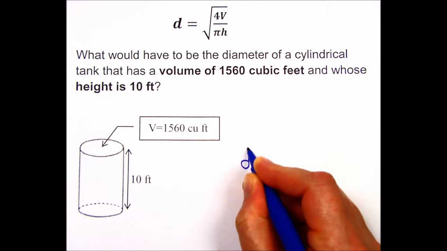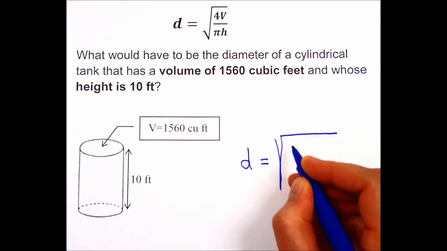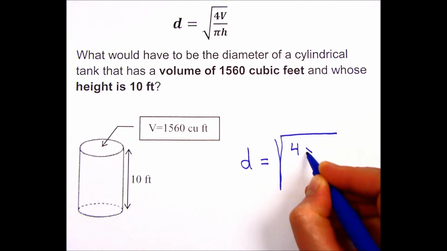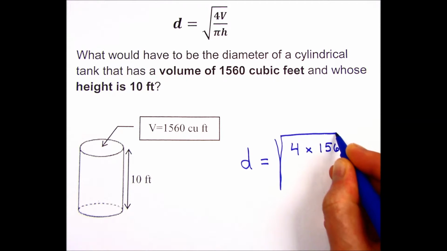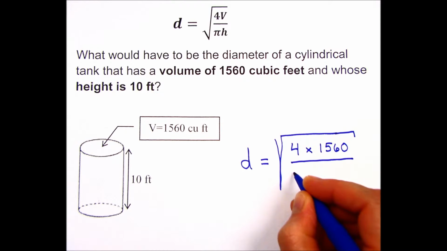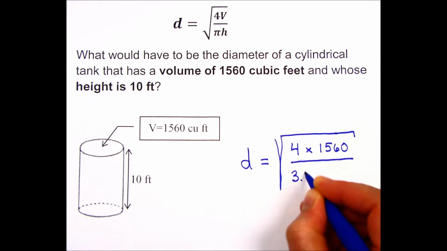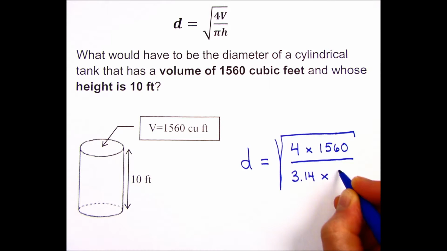I have D equals the square root of 4 times the volume of 1,560 divided by pi. I will use the approximation 3.14 times the height of 10.